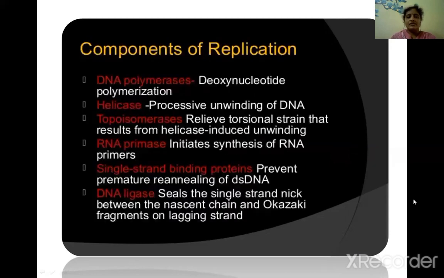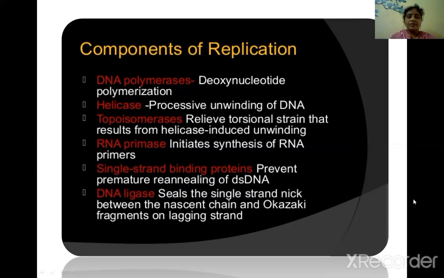Next, components of DNA replication. DNA polymerases, for deoxynucleotide polymerization. Next, helicase enzyme, for processive unwinding of DNA. Next, topoisomerases relieve torsional strain that results from helicase-induced unwinding.